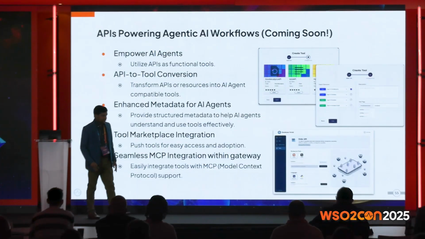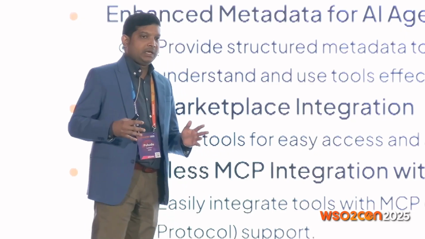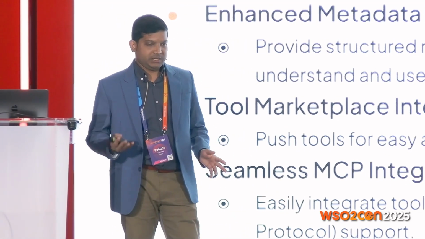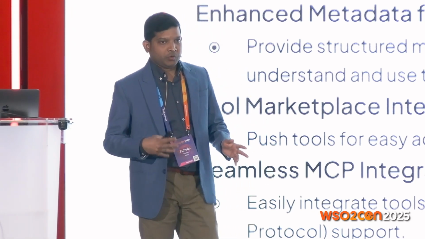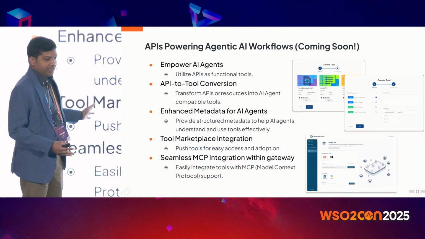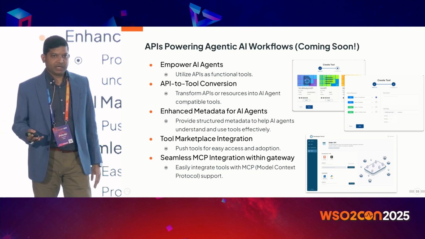If you look at right now, AI is making huge strides, and AI agentic workflows are key things. So AI agents will consume more and more tools. And the idea here is that some of these tools are also APIs.